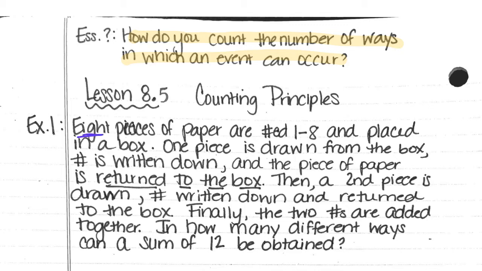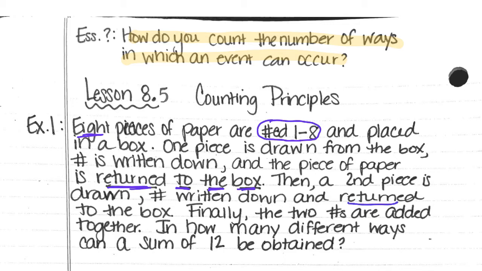8 pieces of paper are numbered 1 through 8 and placed in a box. 1 piece is drawn from the box. The number is written down, and the piece of paper is returned to the box. So obviously this is super important that that is written there. Then a second piece of paper is drawn, the number is written down, and guess what?